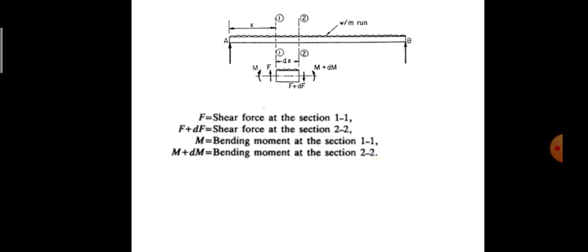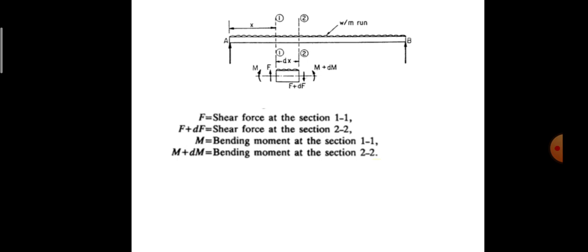So here let me consider F is the shear force acting at section 1-1, and F plus dF is the shear force acting at section 2-2, and M is the bending moment acting at section 1-1, and M plus dM is the bending moment acting at section 2-2. As the distance varies, the shear force and bending moment also vary.